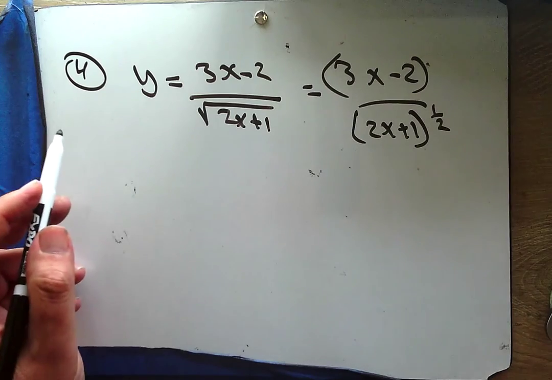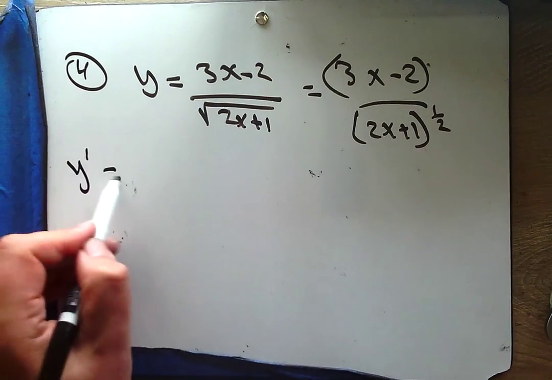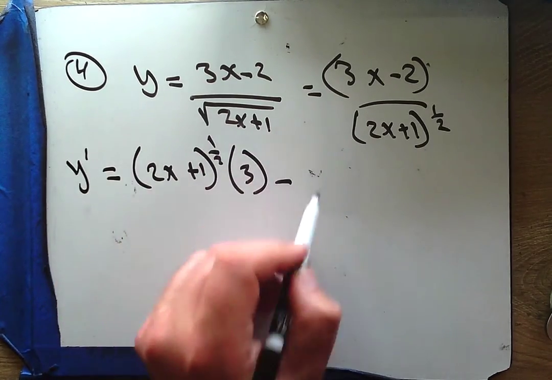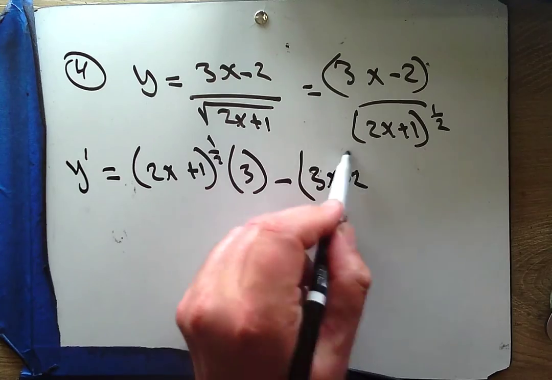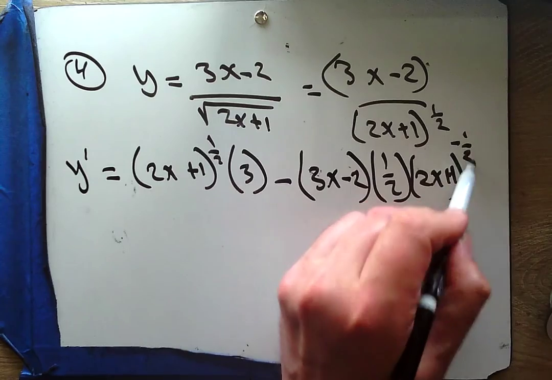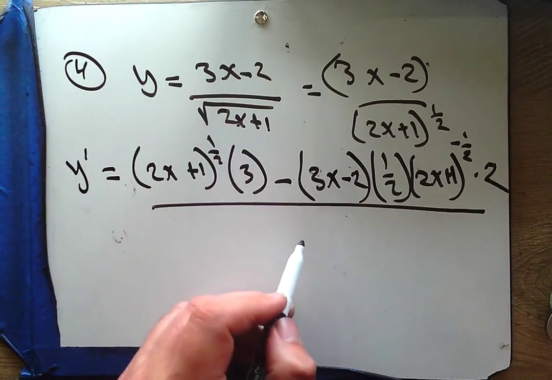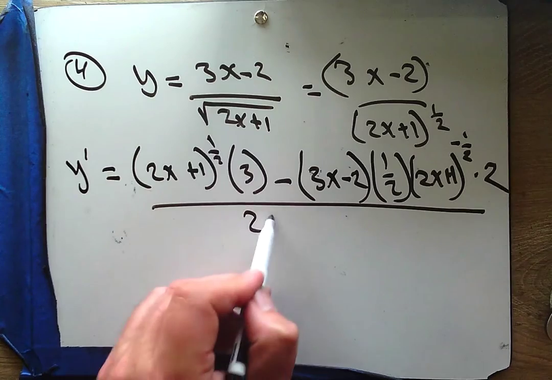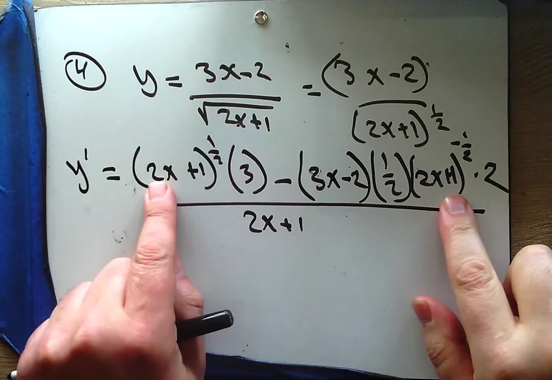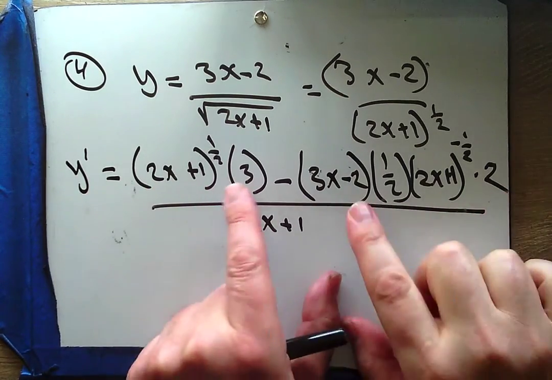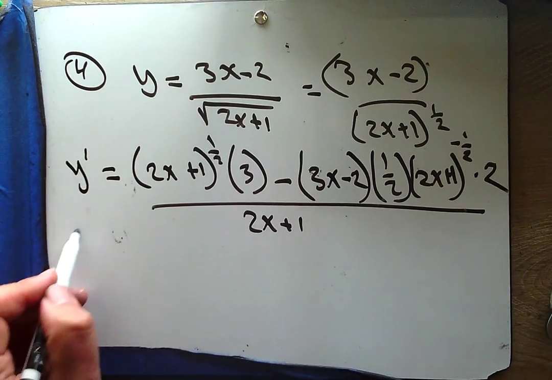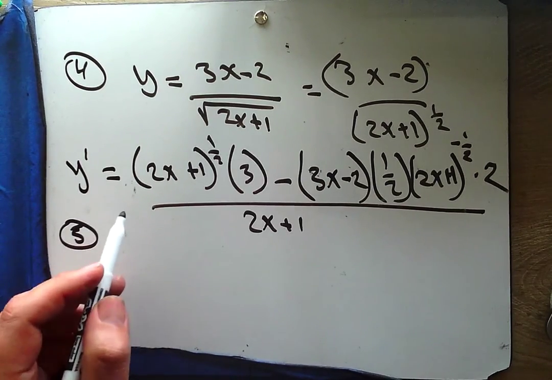All right, so y prime is going to be low d high minus high d low all over low squared. Well, when I square the square root, I'm just going to end up with that. Yeah, I could factor that out. I could cancel those. There'd be a tidy what's left, but I'll leave that to you because I'm moving on to number 5 because somebody wrote a worksheet with 66 problems on it.